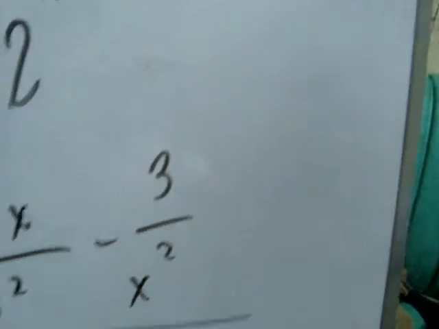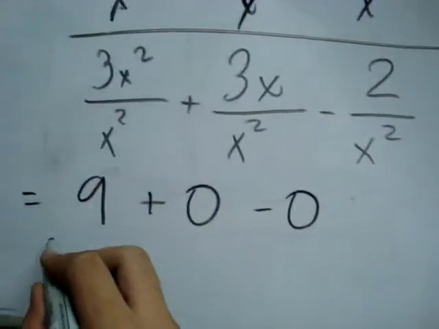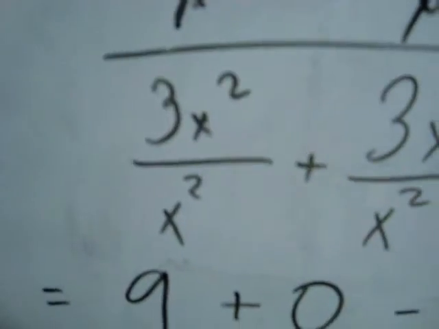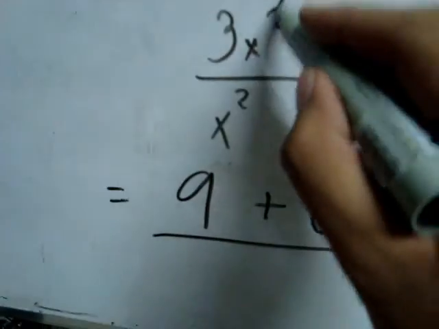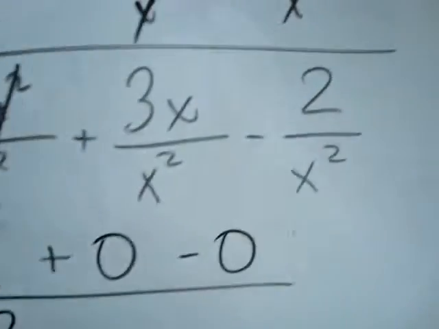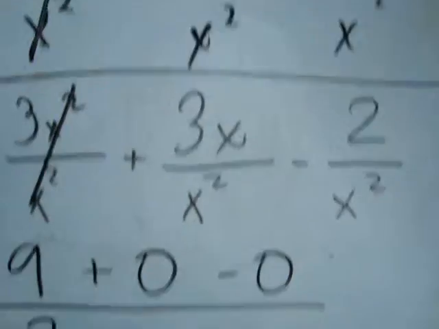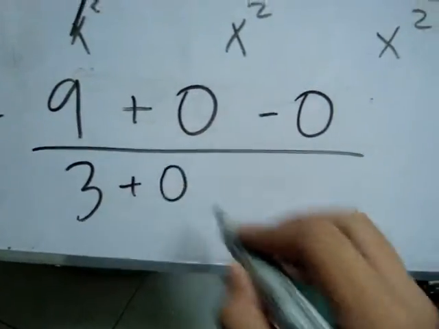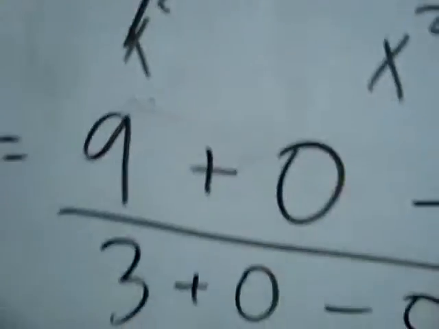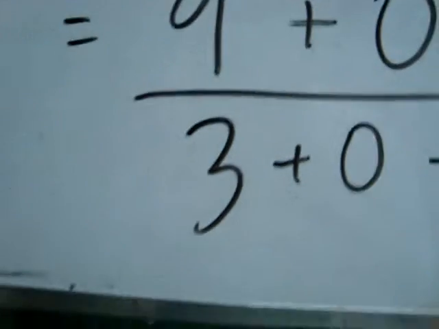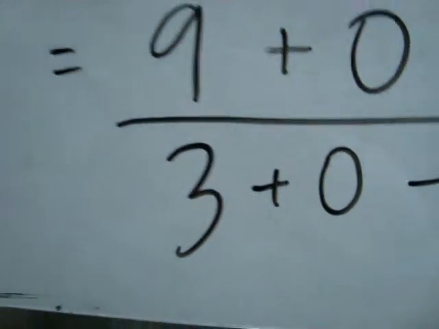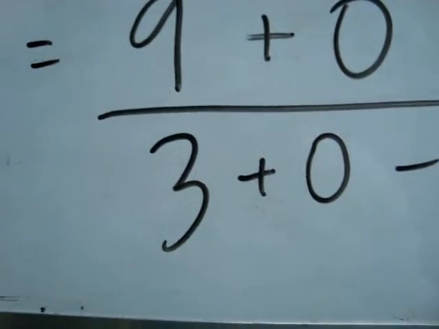Same goes for 3 over x squared, we have 3 over 0, that's 0 also. Now 3x squared over x squared, we'll cancel x squared, so we got 3. 3 over 0, that's just like earlier, and same here, so we got 9 over 3, so the answer is 3. It's the final answer.